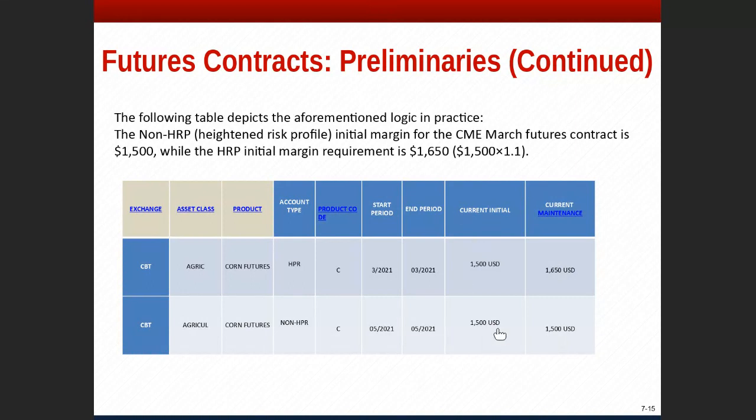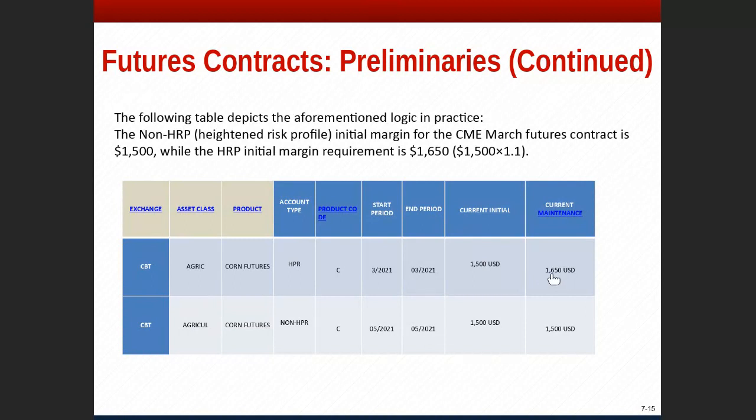So this is where the current initial margin on corn is right now, and this is corn on the Chicago Mercantile Exchange. So they come out and tell you right from the get-go that, hey, look, if you are going to buy or sell futures contracts on corn, the minimum initial is 1,500. Now, if your risk profile is about average, then that's what you're going to end up paying, the $1,500.